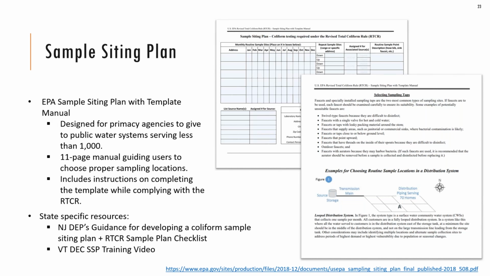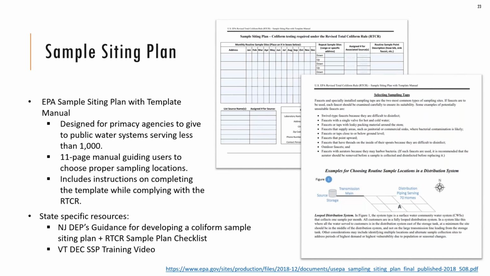US EPA also has a template for smaller systems, so systems serving less than 1,000. This 11-page manual provides instructions and considerations for selecting proper sample sites, provides examples of distribution system structures, and provides detailed information on the best possible locations to collect total coliform samples.